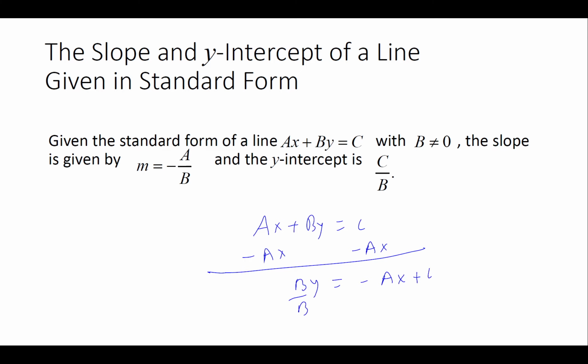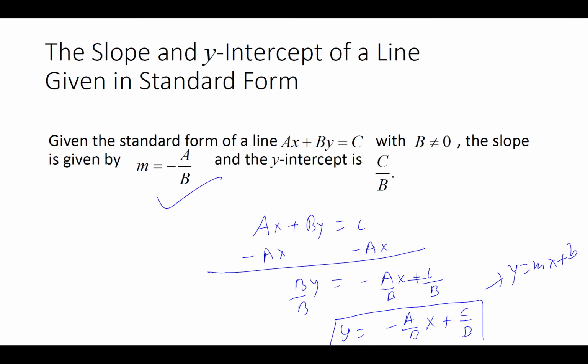And if you divide both sides by b, it will give you y equals negative a over b x plus, you have to divide each term, so c over b. So this is from standard to the slope intercept form, y equals mx plus b. If you compare these two, the slope would be negative a over b, and the y intercept would be c over b.